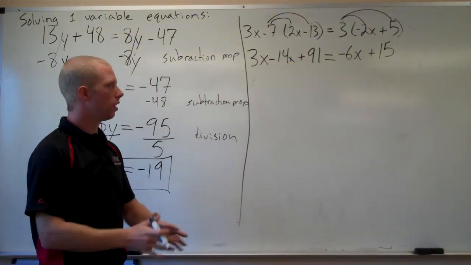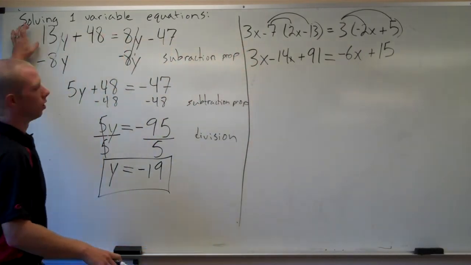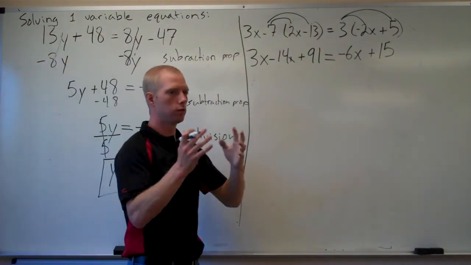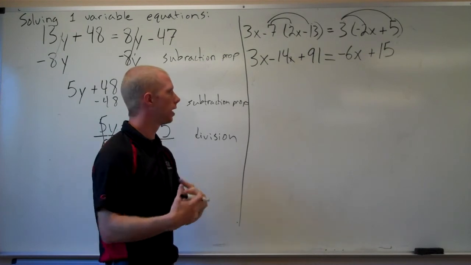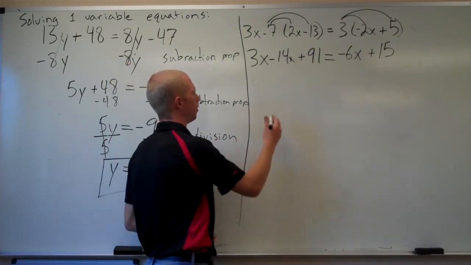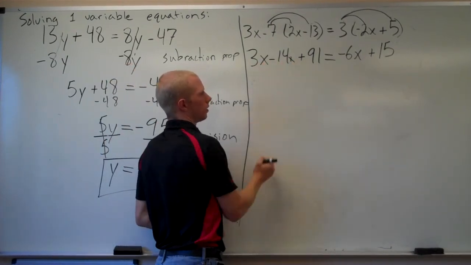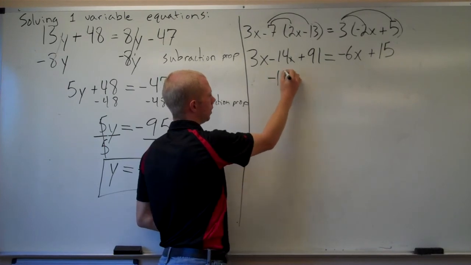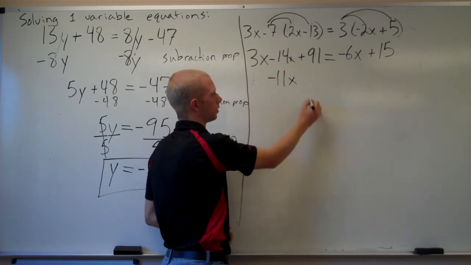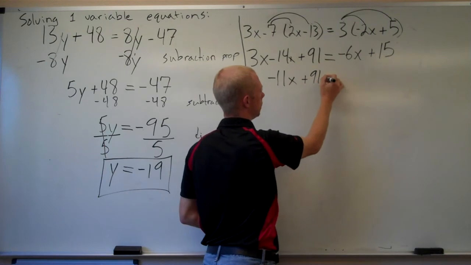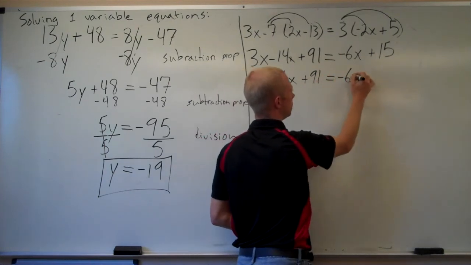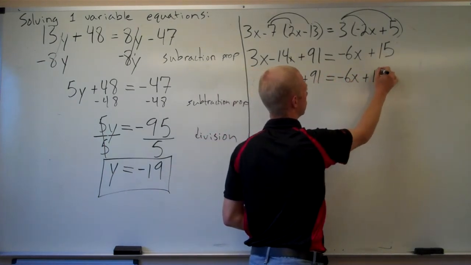All right, now we're sort of at a point where we were over here. You're going to combine like terms and start to move variables to one side and constants to the other. 3x minus 14x, that's going to give me negative 11x plus 91 equals negative 6x plus 15.